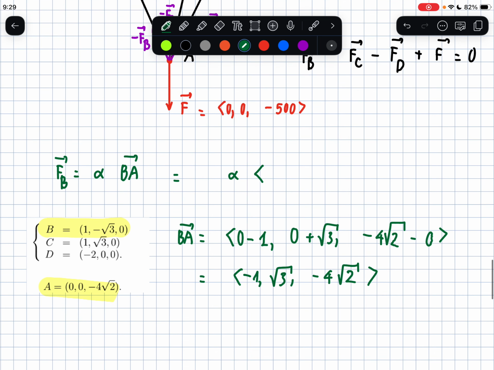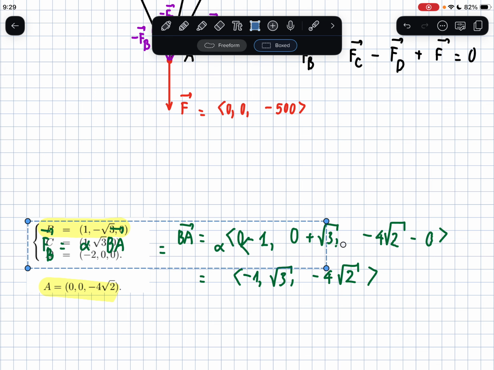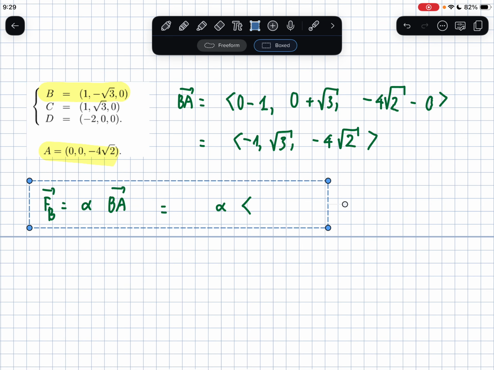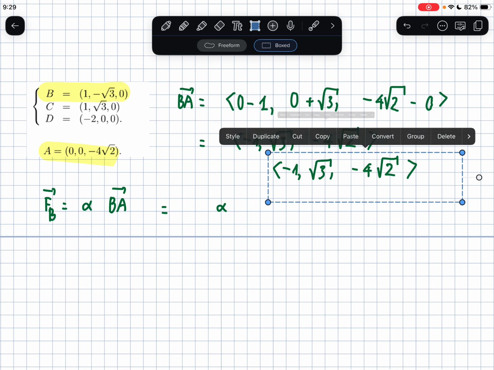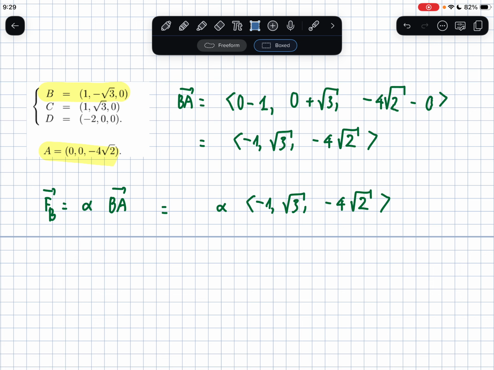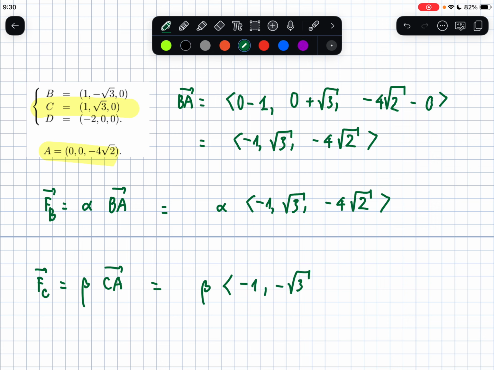Now we have FB, alpha multiplied by this. Similarly, you compute FC, beta multiplied by CA: 0, minus 1, minus root 3, minus 4 root 2.